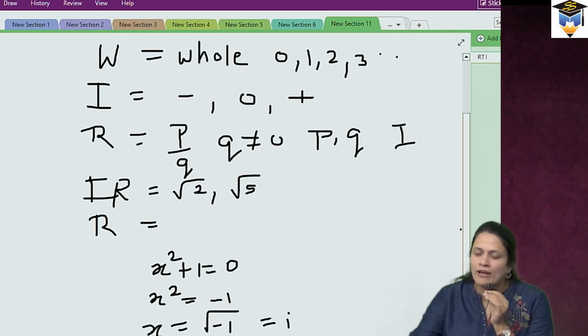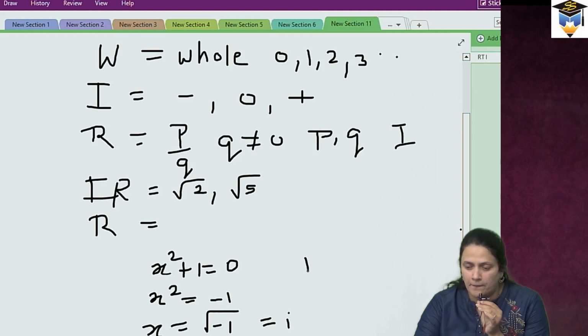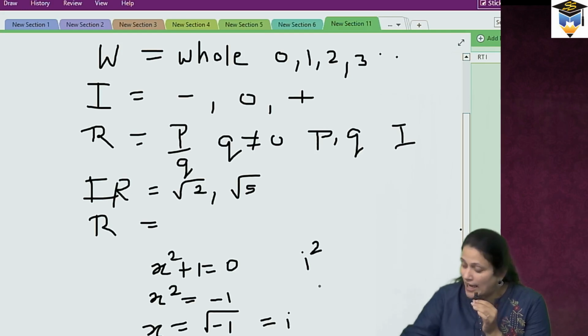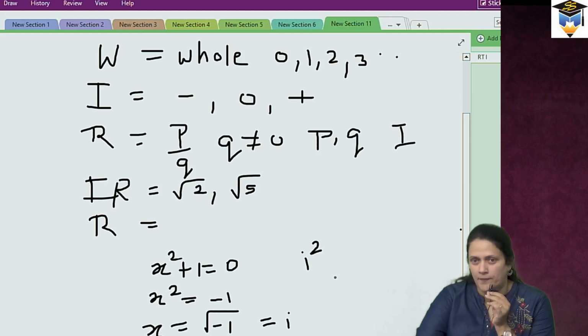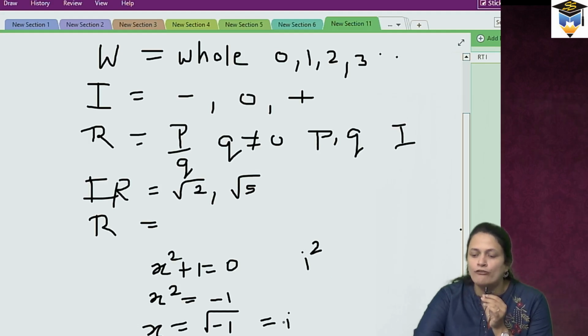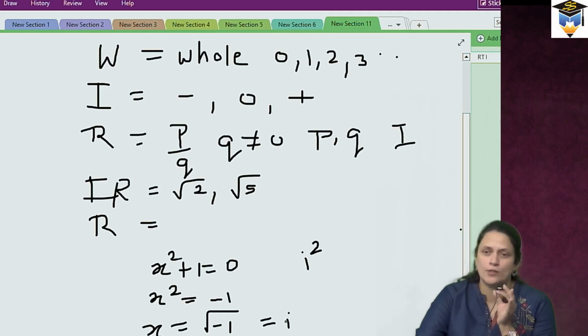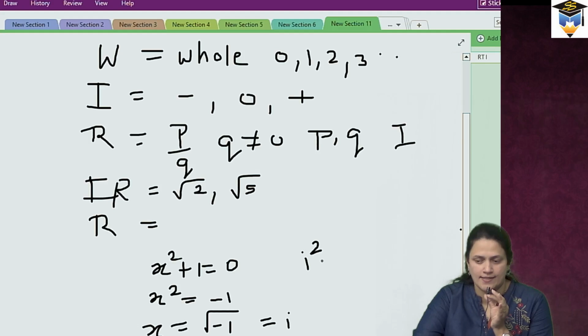So if I want to find out i square, what will be i square? Think and answer. If I say the value of i is equal to square root of minus 1, what will be the value of i square? Yes.